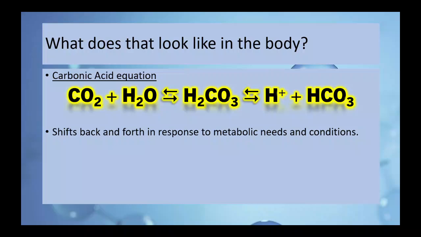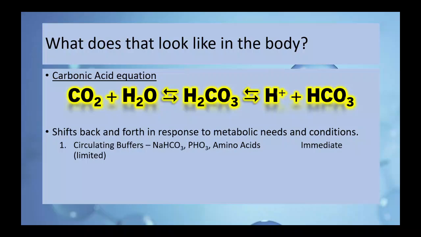It's a shift back and forth based on metabolic needs and whatever's going on with a particular patient at that particular time that regulates whether the body is blowing off CO2, whether the body, if for some reason they're retaining CO2, if they're compensating by producing more bicarbonate and buffering that solution.